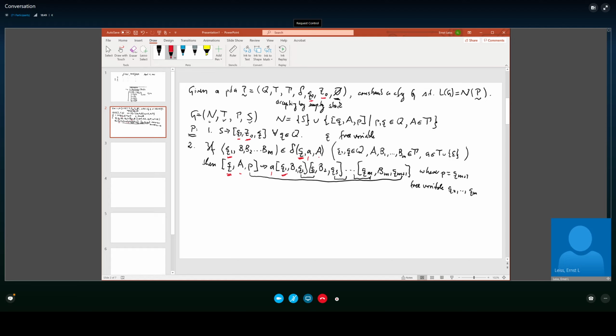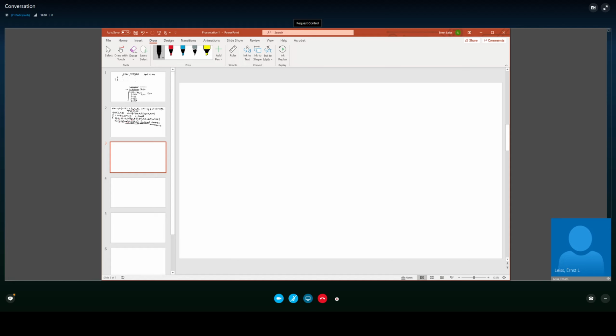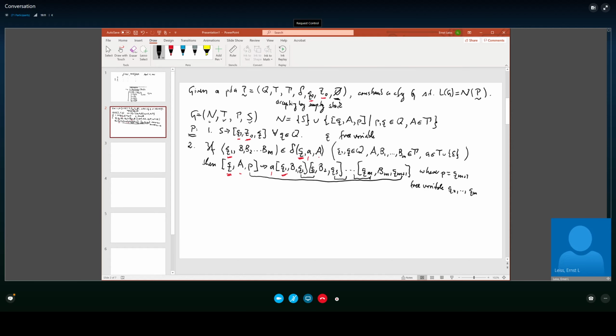So the free variables here are Q2 through Qm. Actually, Qm+1, because the P is free, which is equal to Qm+1, but it is written down here, depending on how you want to state that.